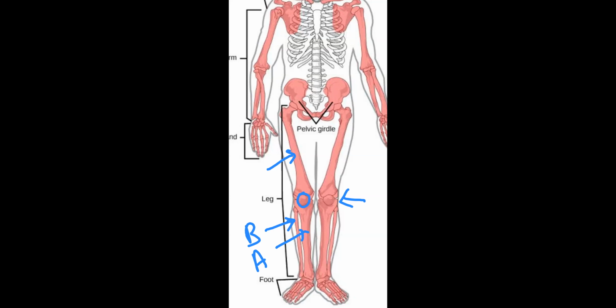Patella. If I ask you which bones constitute the knee joint, what will be your answer? Femur, patella, and tibia. That's the right way to write it down.